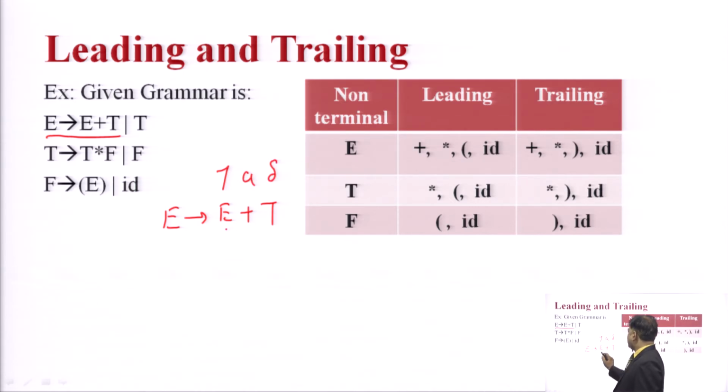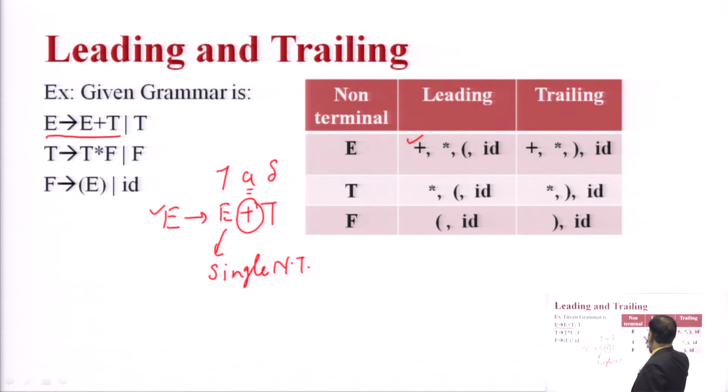Gamma here is a single non terminal. Then a means plus, so the plus sign will be in the leading of E. So the plus sign is in the leading of E. Now, E derives T.